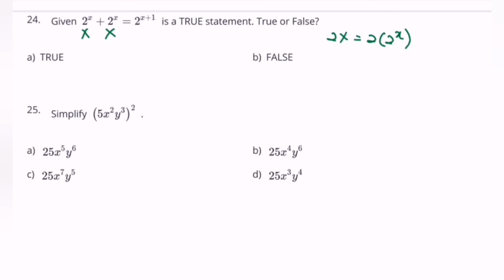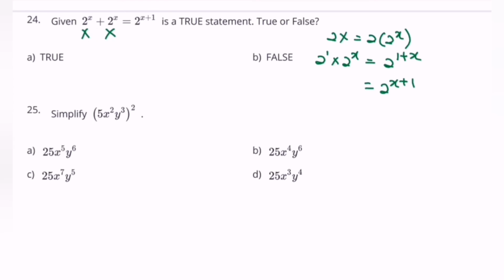By using the multiplying indices, we have 2 to the power of 1 multiplied with 2 to the power of x, which is equal to 2 to the power of 1 plus x. So rewrite the situation. We can write it as 2 to the power of x plus 1. So referring to the statement 2 to the power of x plus 2 to the power of x equals 2 to the power of x plus 1, it's a true statement. So for question 24, the answer is true.